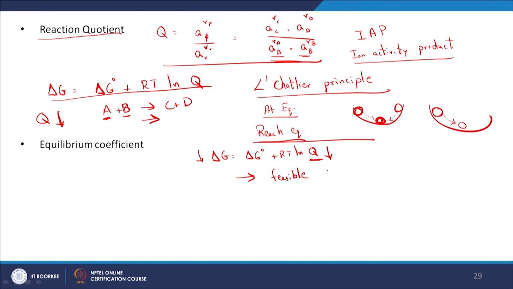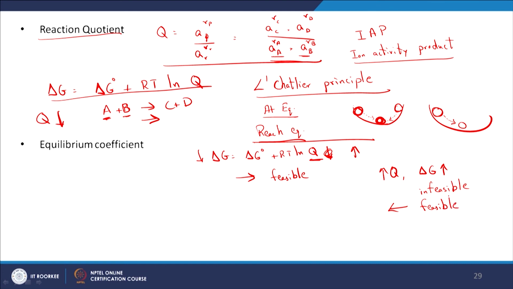Again, the inverse of it: what would happen if you increase Q? That translates to delta G increasing too. So that makes the reaction infeasible, or it means that the reverse reaction is feasible. So that is what we have here.